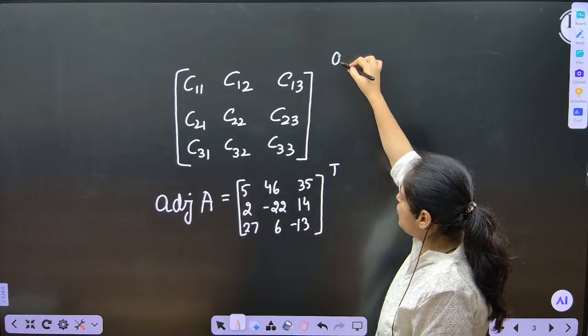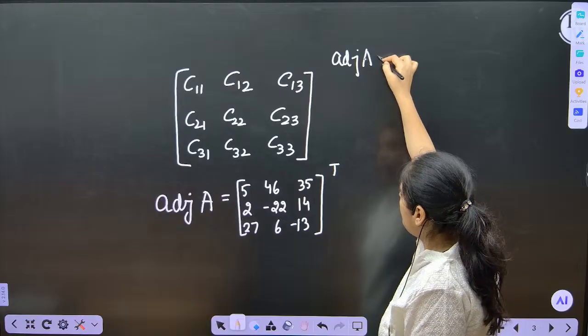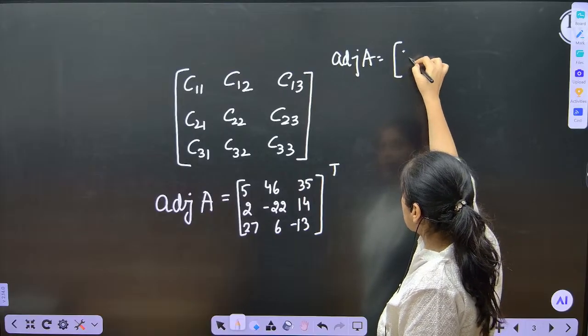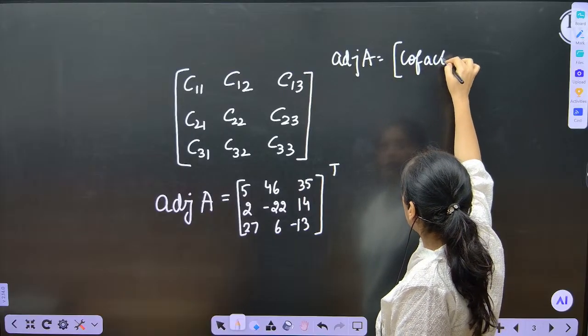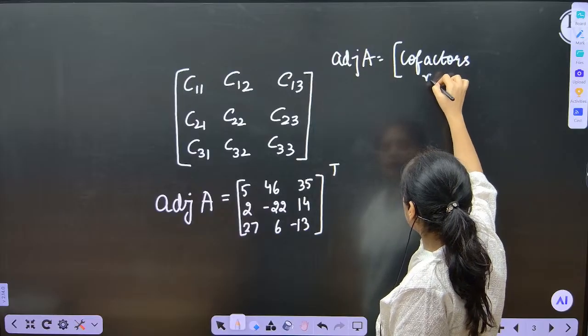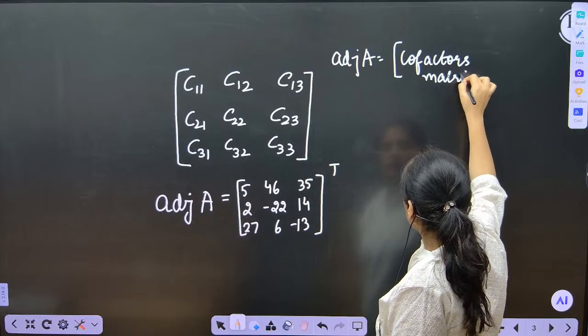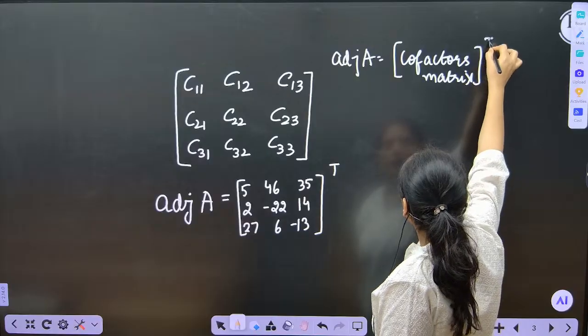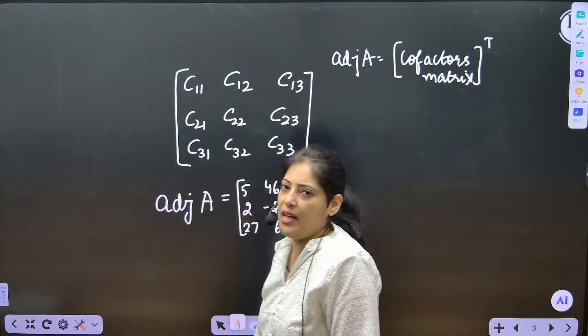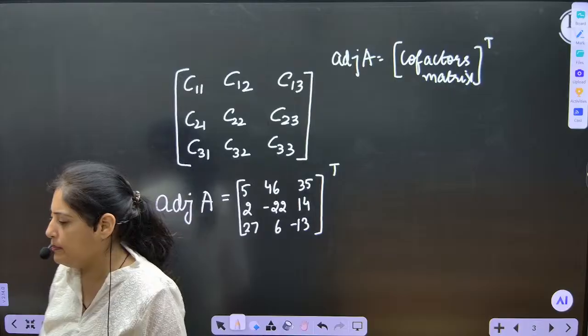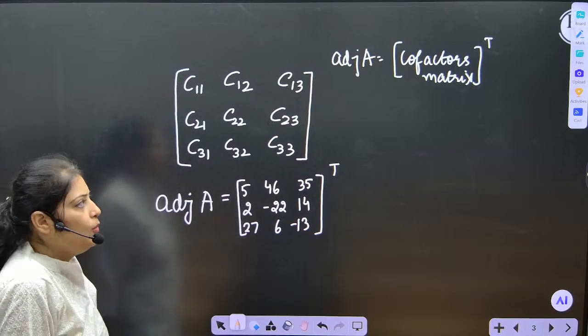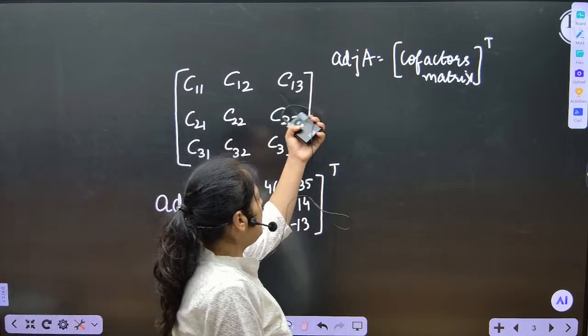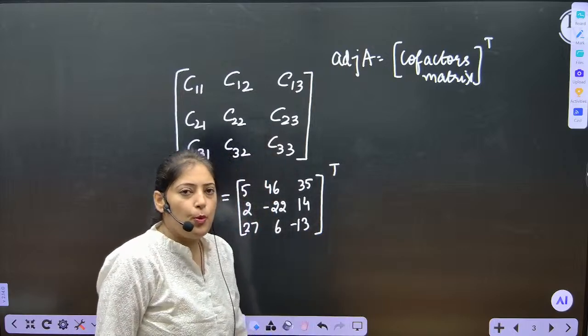That means the definition of adjoint of A is nothing but whatever the cofactor matrix you have got, take the transpose of it. That is the definition of adjoint. Transpose means what?